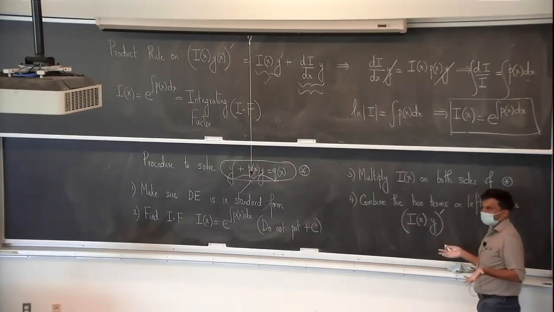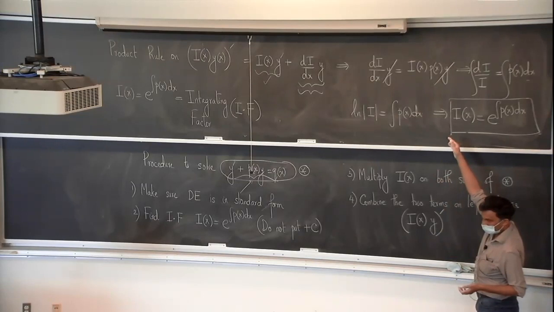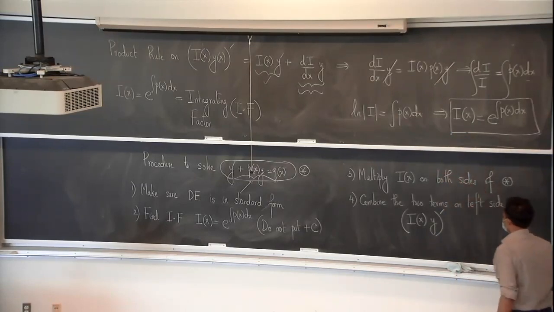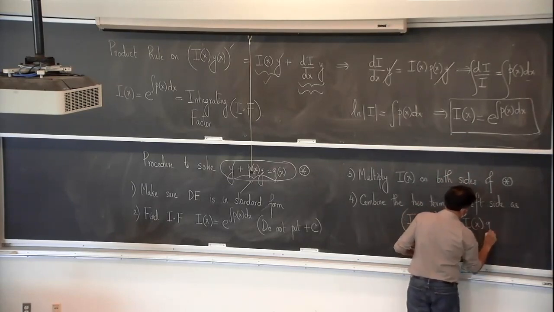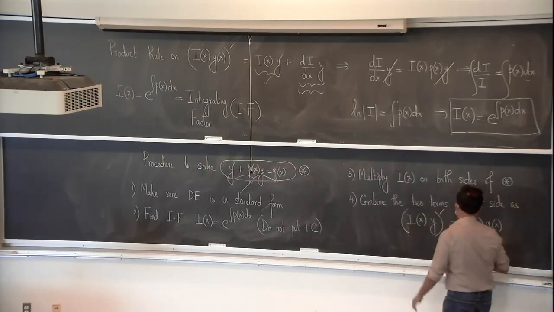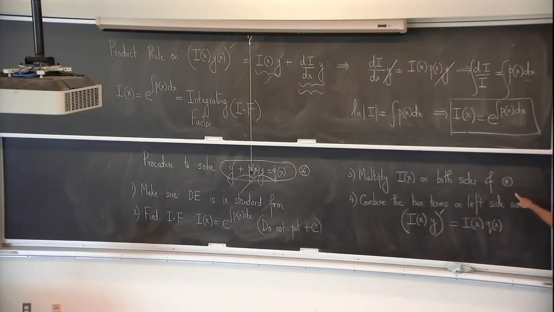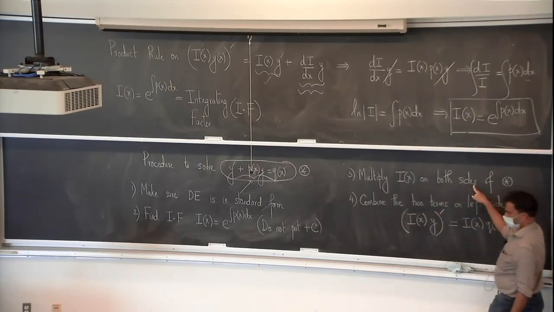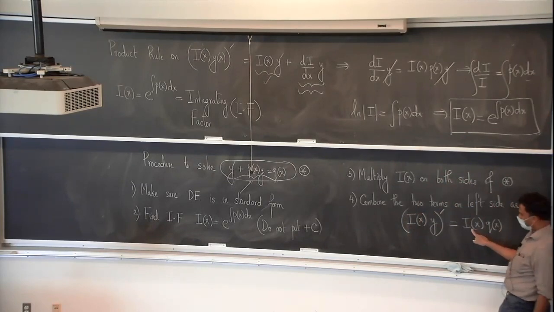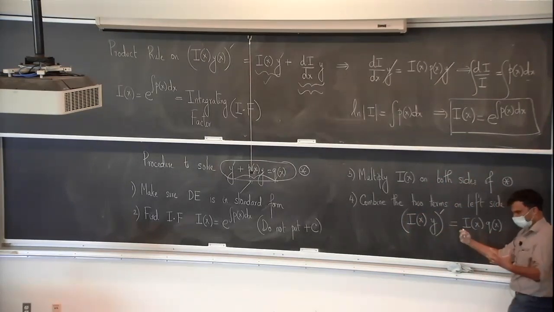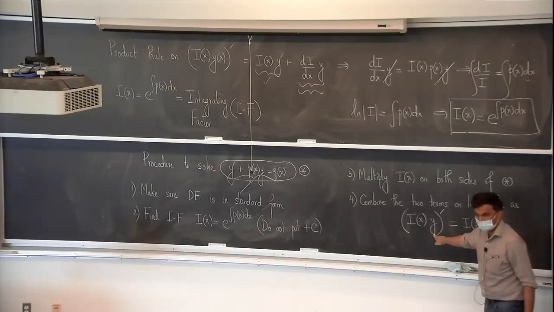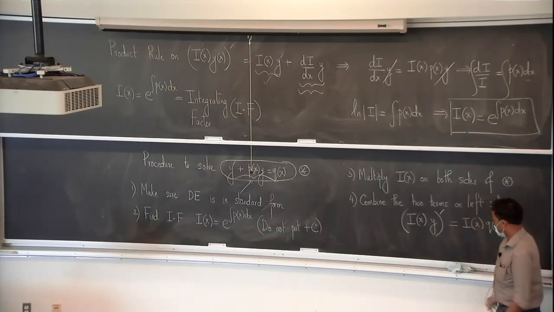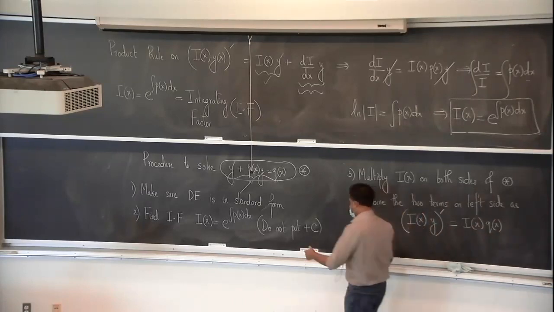How do we know it's correct? That's why I derived it. If you really doubt it, go back and check the derivation. Because you multiplied I of x on both sides of the equation, this is here. The only difference is that the left-hand side became one derivative. You have to believe in this. Otherwise, this technique is not going to work. Now you are in good shape.